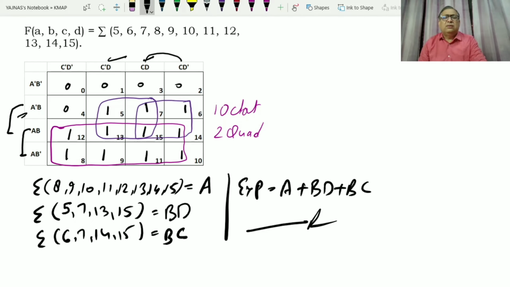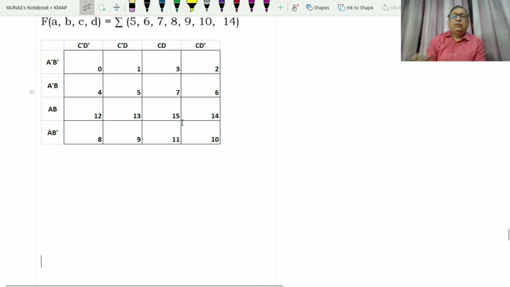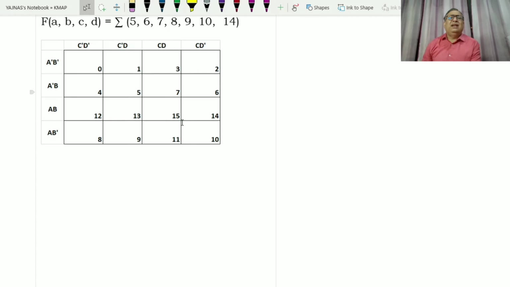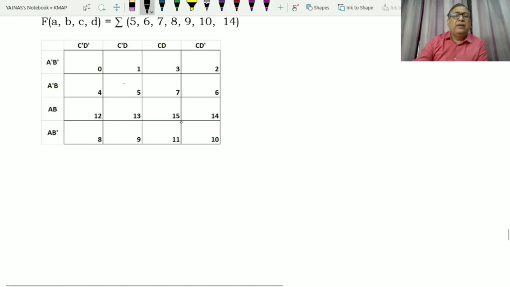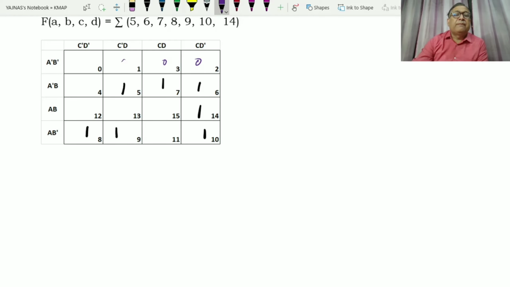All right, let's now solve this one: 5, 6, 7, 8, 9, 10, 14. So fill 5, 6, 7, 8, 9, 10, 14, and fill the rest of the places with 0. Okay, what are the possible groups?